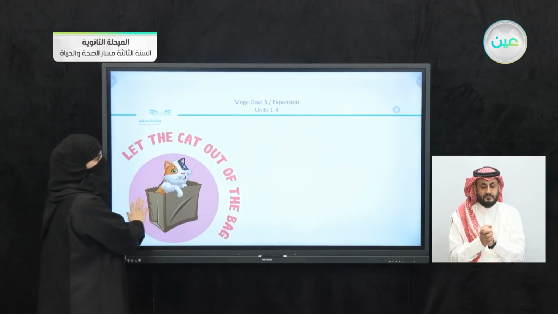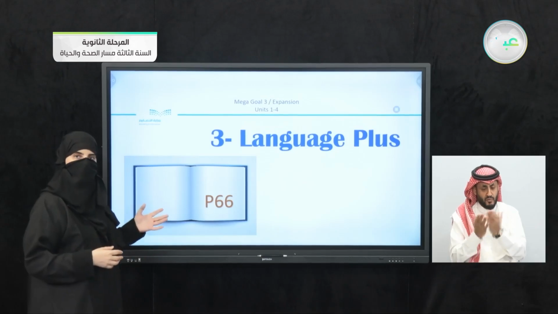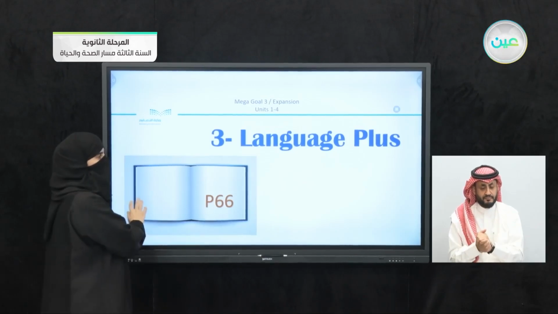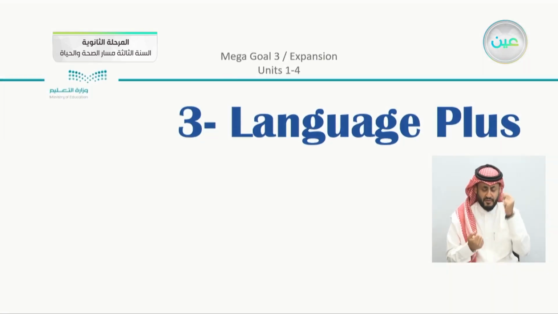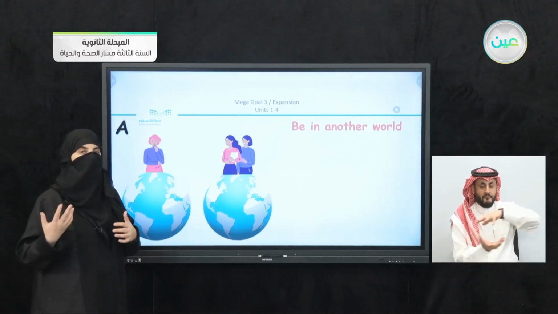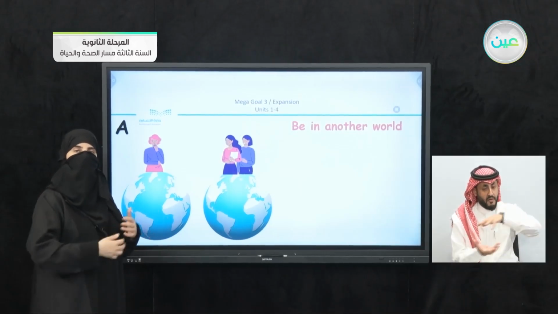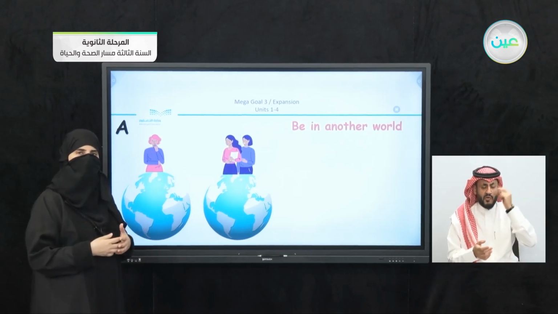Now we do have a group of idioms in our book, page number 66. So open your books on the language plus here. We can just read together and discover what we have. Now, first of all, when you read the idiom, be in another world, or you listen to someone say that someone is in another world, or as if he or she is in another world, what does it mean?